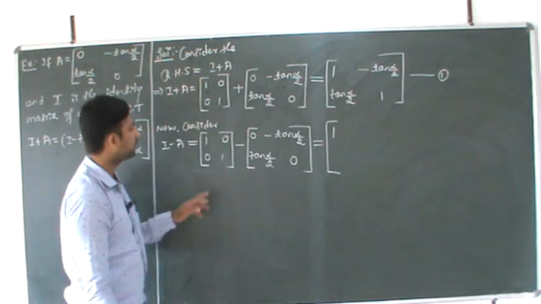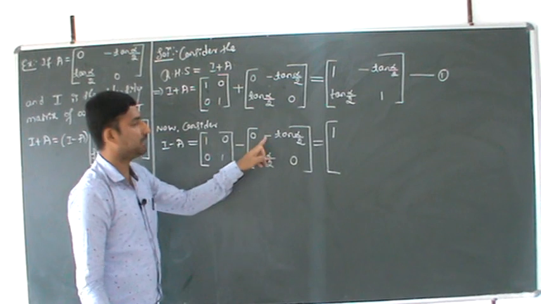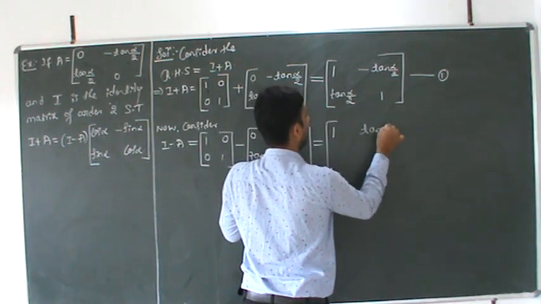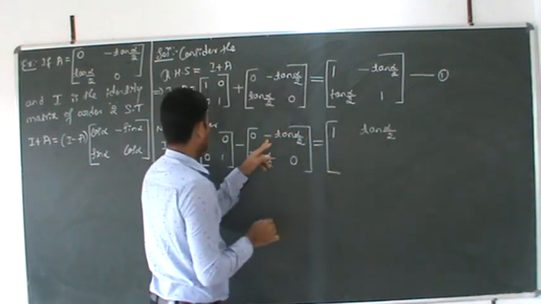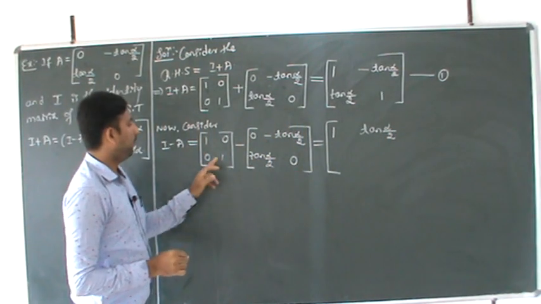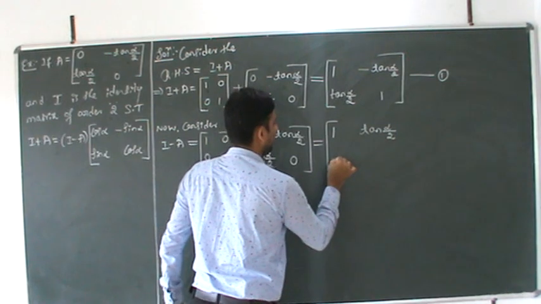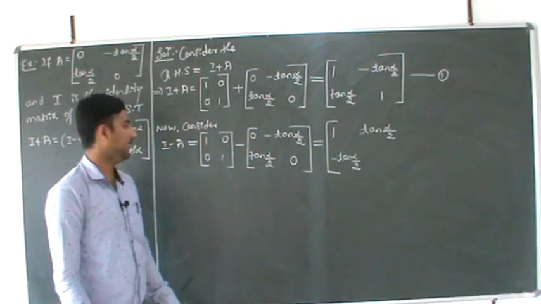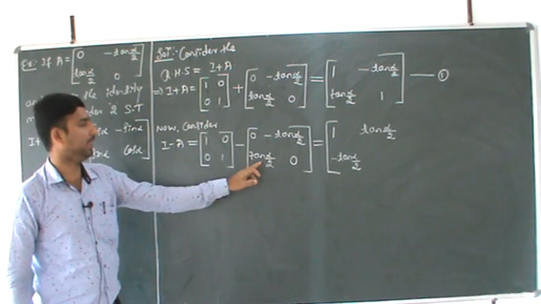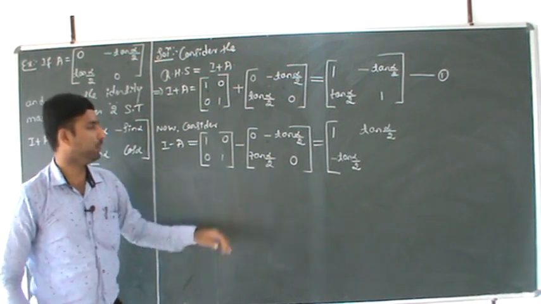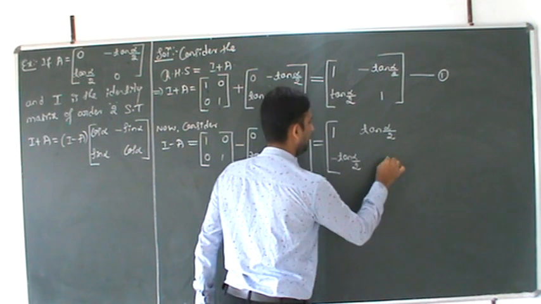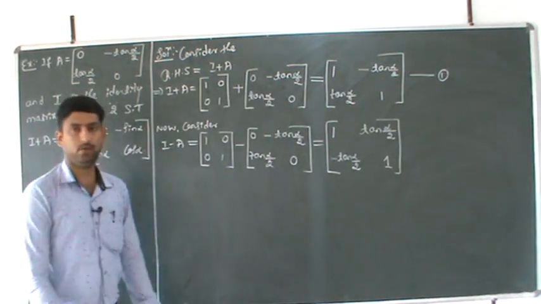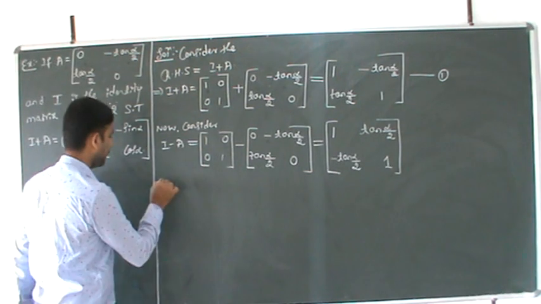After that, 0 minus of minus, that is plus tan alpha by 2. After that, 0 minus tan alpha by 2 is minus tan alpha by 2, and 1 minus 0, that is 1. Correct? This is the value of I minus A.